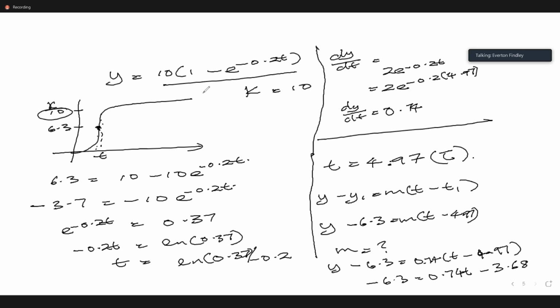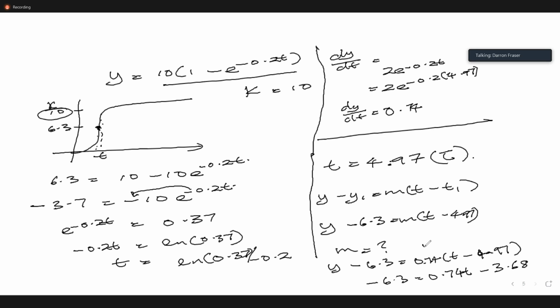So we differentiate 10 e to the minus 0.2 t. The minus 2 you're supposed to get. No, but this minus here goes with this minus here to become positive. We can't figure out the issue yet.